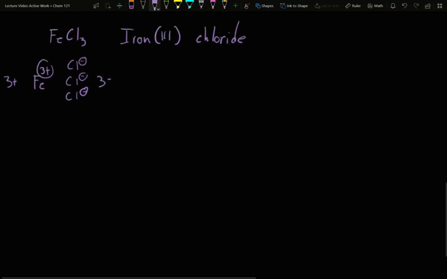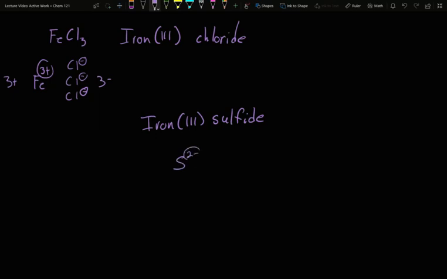This can get a little more complicated if you have various charges. So let's try to work backwards from iron(III) sulfide. Well, I have sulfides. I must have a 2- sulfur. And I was told iron 3, I must have Fe with a 3+.